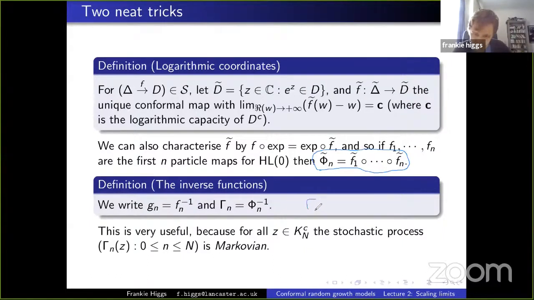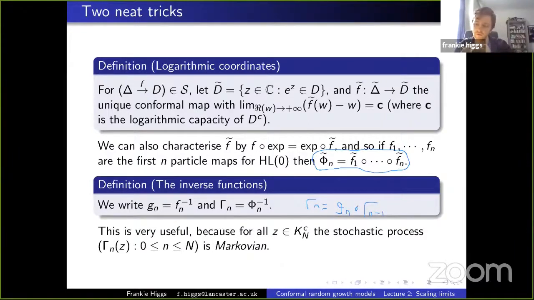So gamma_n is g_n composed with gamma_{n-1}. So in particular, if I take a z which is in the domain of gamma_N, and first I apply gamma_0, then to get to gamma_1 of z, I apply a function to it.